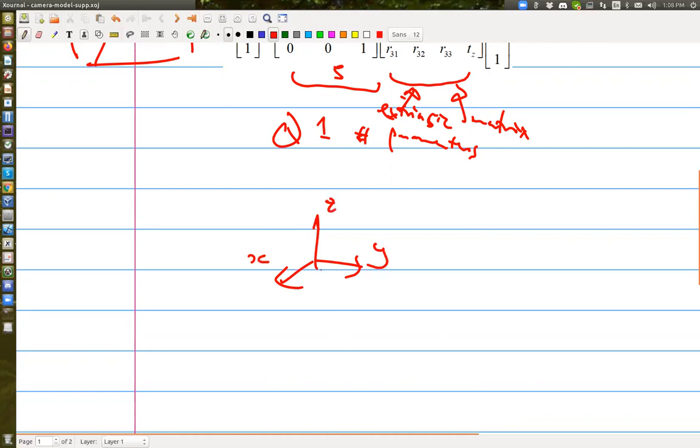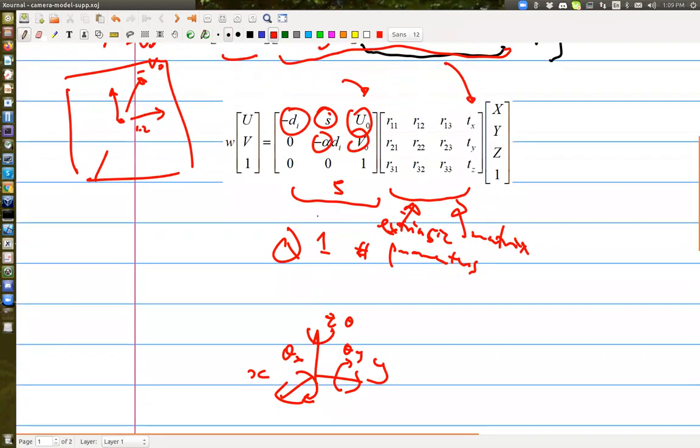I can first rotate along the x-axis by a certain degree, theta x, and then rotate along the y-axis by another degree, theta y, and so on for the z-axis, by theta z degrees, right? So therefore, there will be six parameters here.